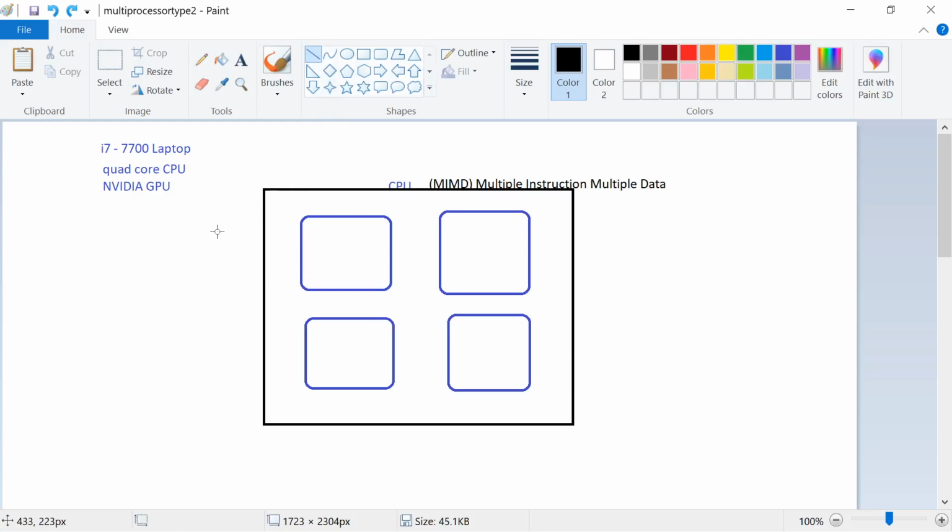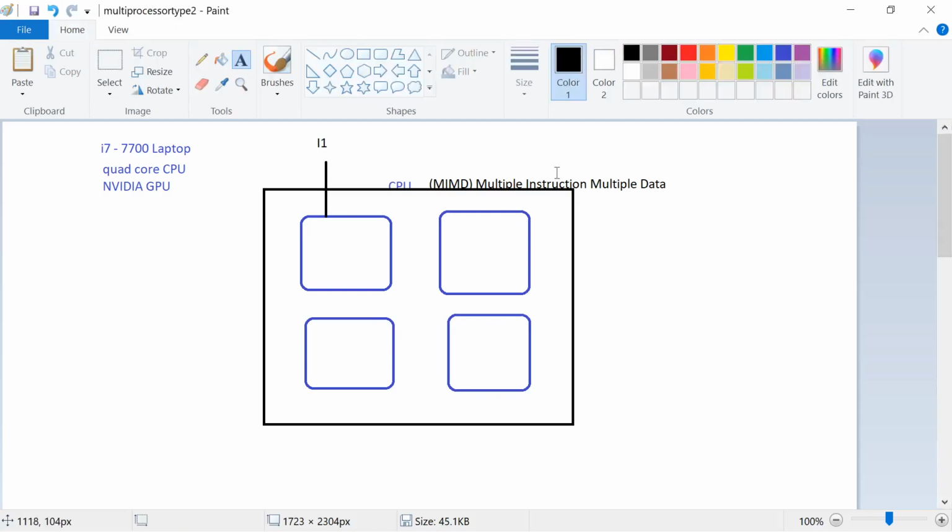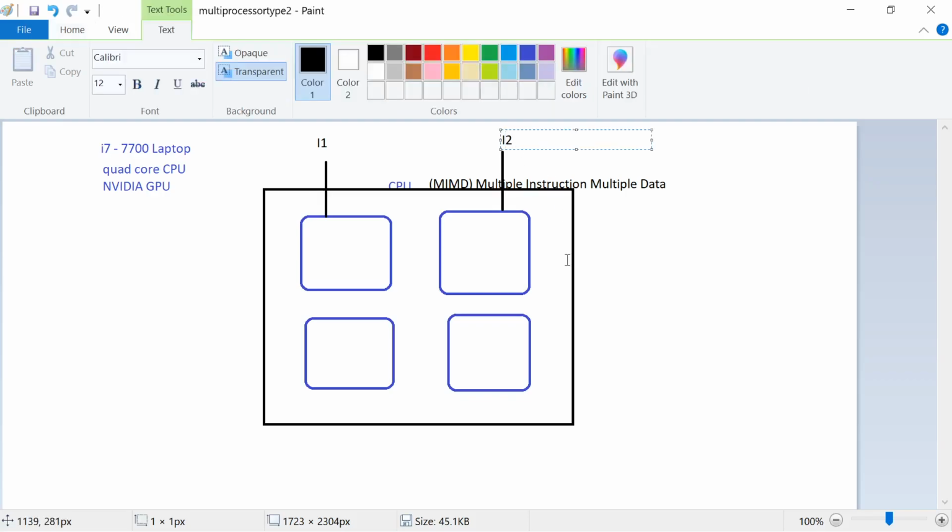So the CPU will have an instruction line over here. This core will get instruction I1. Let us go from the top. This instruction will go from the top. So this is I1. Then this one, since it is a multiple instruction, multiple data format, will get I2. Totally different instruction.